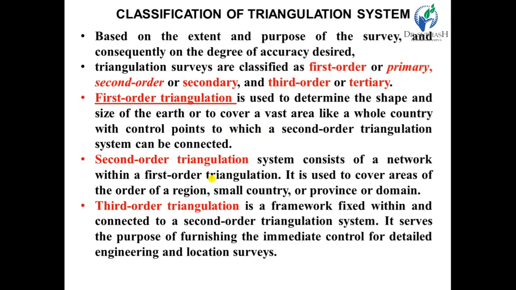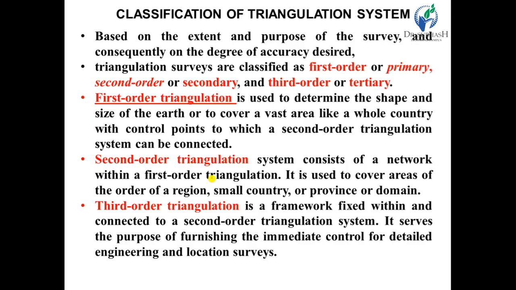Now that is the classification of triangulation systems based on the extent and purpose of a survey, and consequently on the degree of accuracy desired. Triangulation surveys are classified as first order or primary, second order or secondary, and third order or tertiary. The first order triangulation is used to determine the shape and size of Earth, or to cover a vast area like a whole country with control points to which the second order triangulation system can be connected.